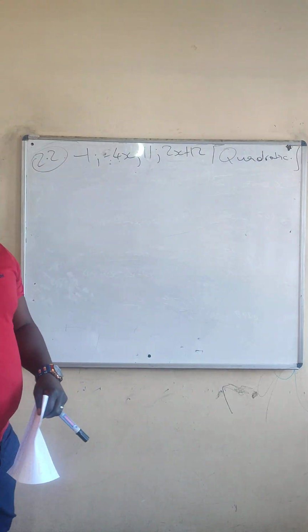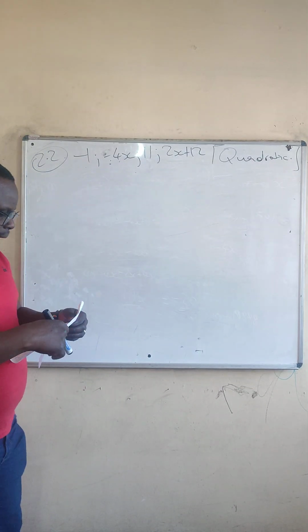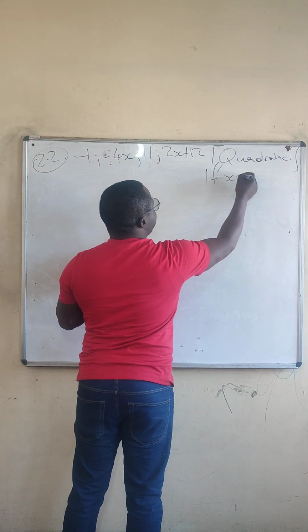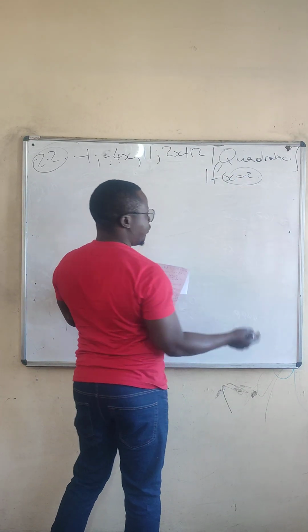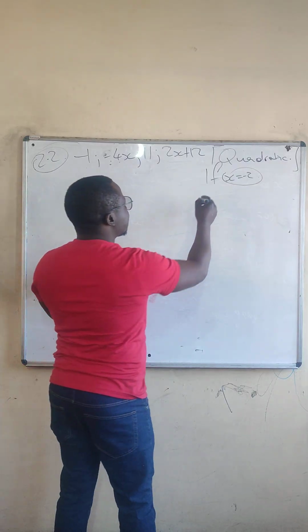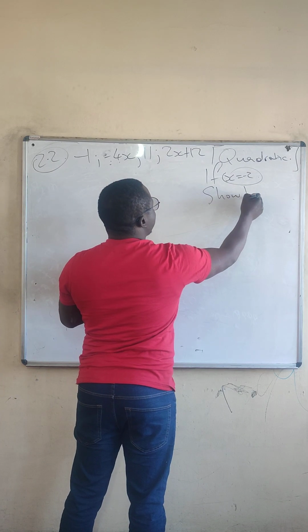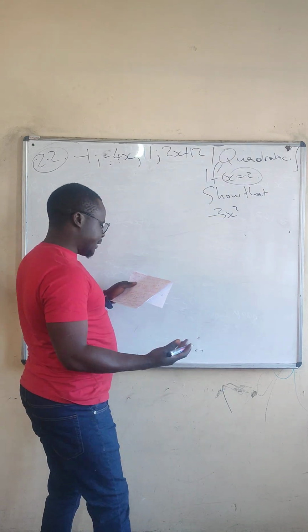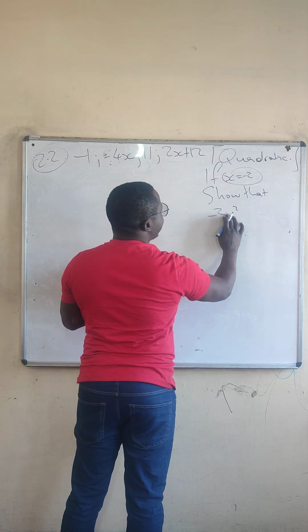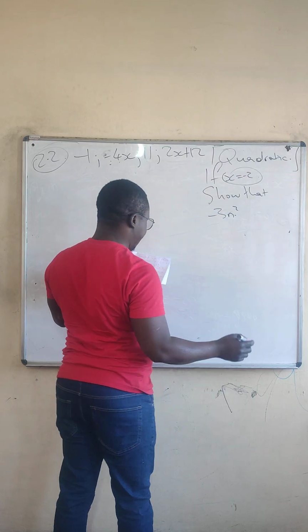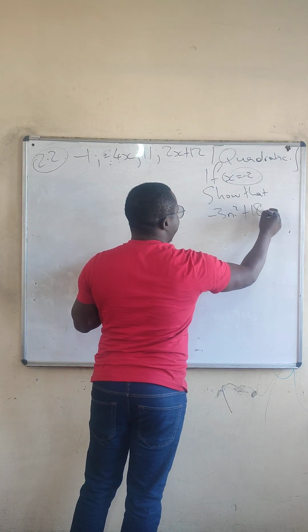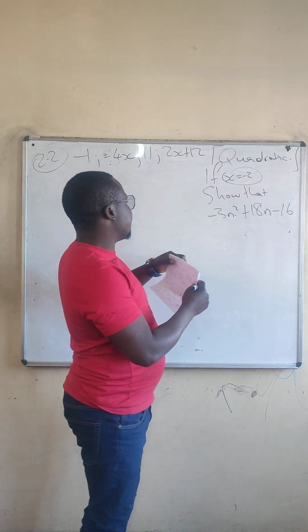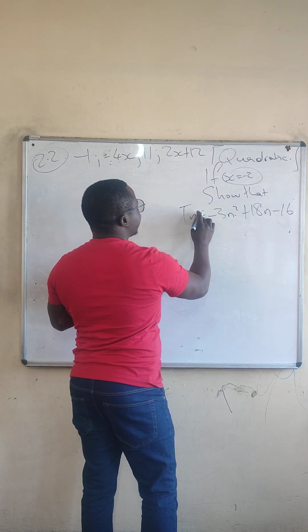They say that if x is negative 2, you are supposed to show that negative 3n squared plus 18n minus 16 is the nth term.